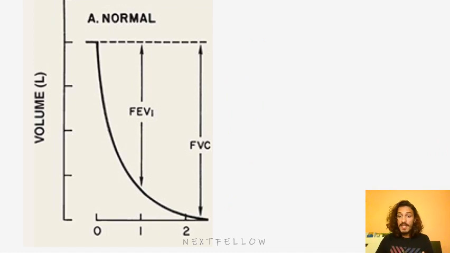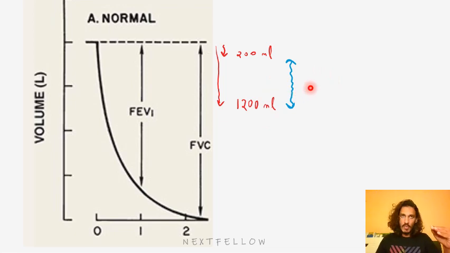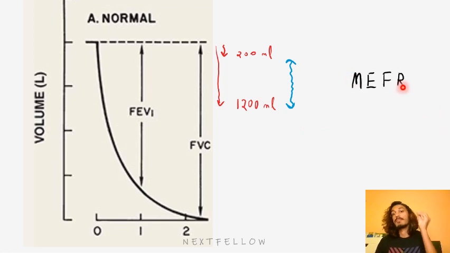Another term is maximum expiratory flow rate, not maximum mid. This is also called FEF 200 to 1200 ml. Let's understand why. You expire 200 ml, then you expire up to 1200 ml. After the first 200 ml until you expire 1200 ml, the rate over there is the maximum expiratory flow rate.